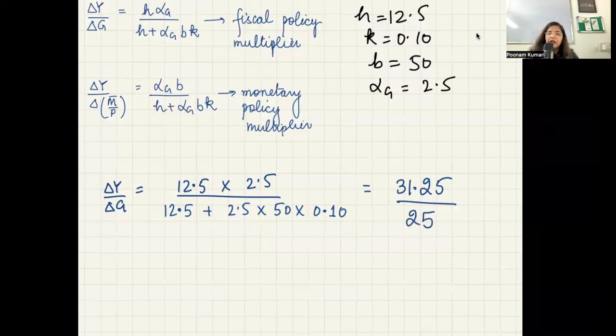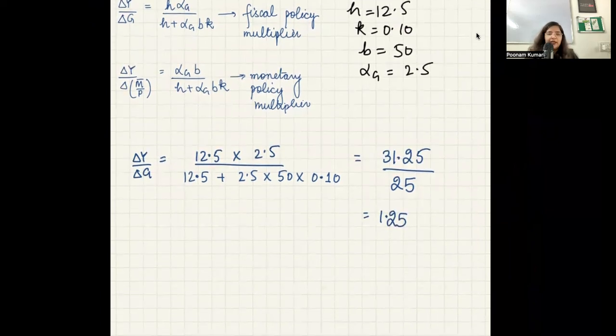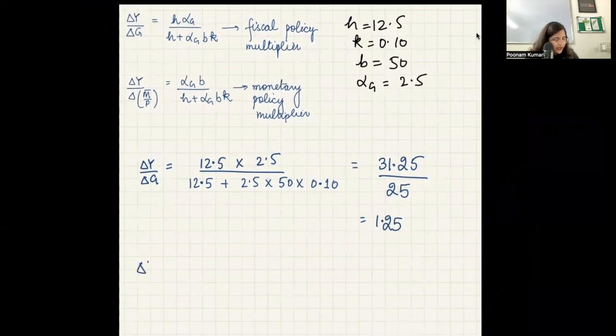So your denominator will be 25. When you divide the two, 31.25 divided by 25, you get 1.25. So this is your fiscal policy multiplier, and your monetary policy multiplier is this.